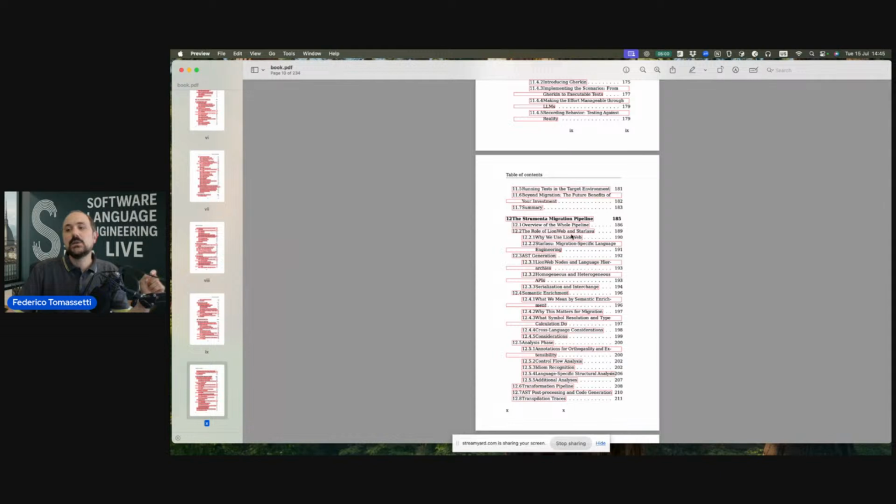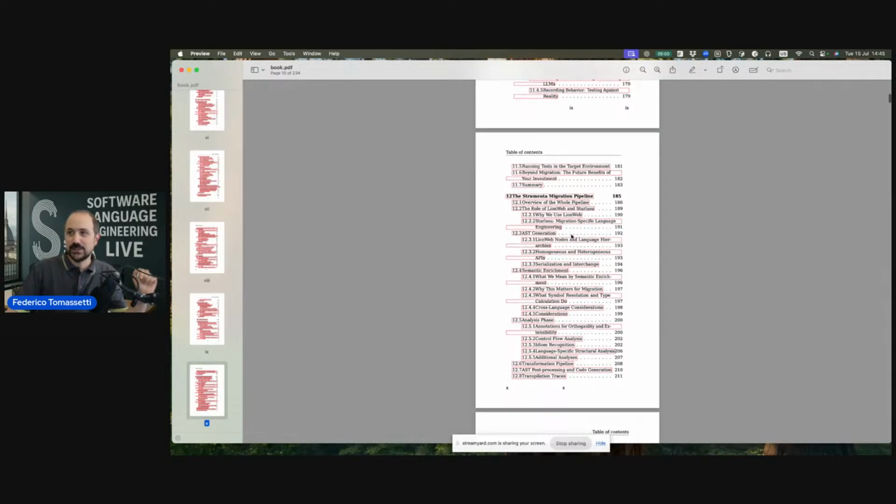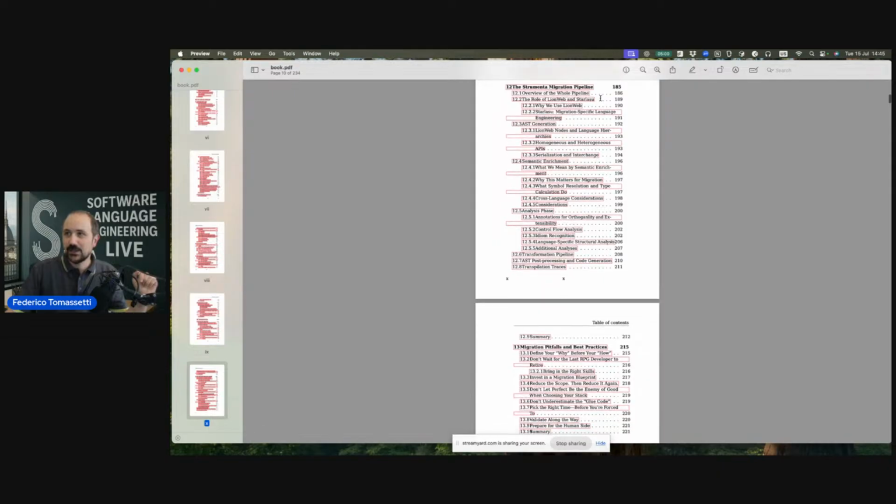Then we share a little bit about how we implement a migration pipeline at Strumenta. The first draft was 3 pages, then things got out of hand, and right now it is 27 pages.